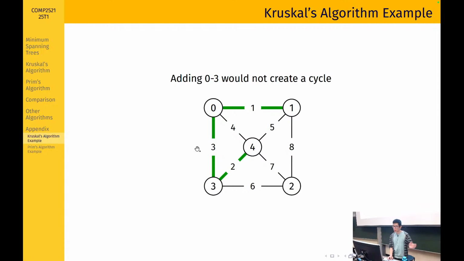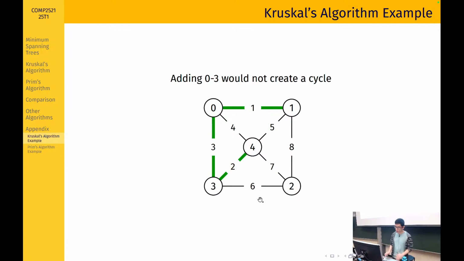Actually, before we add 3 to 2, we check 0, 4, because 0, 4 is the next cheapest edge. But if we add this edge, it creates a cycle, so we don't add it. Now we check 1, 4. Adding that edge would also create a cycle, so we don't add it. Finally, we consider 3, 2.